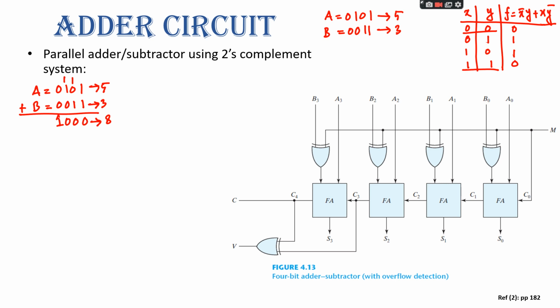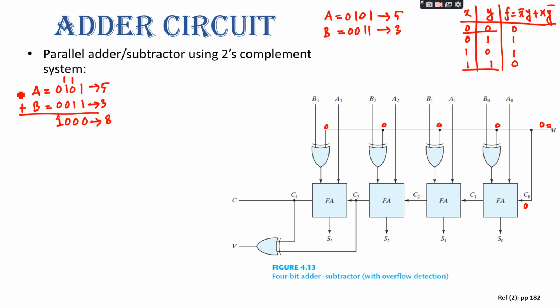Okay, so now we'll control the addition and subtraction by this control command M. So if I give M equals to 0, that means one of the inputs of this exclusive OR gate would be 0, and since it is 0, the carry of the first full adder would be 0.